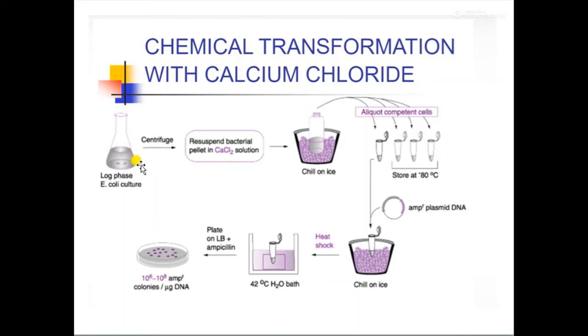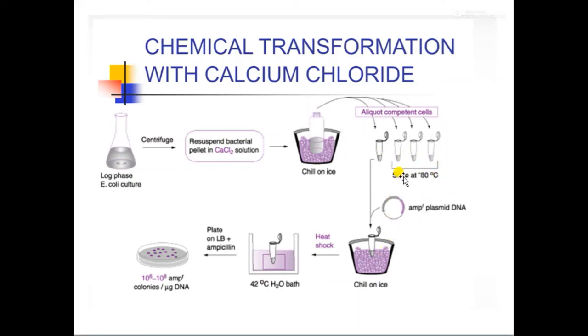To make the E. coli cells competent, you give them a treatment with chemicals such as calcium chloride. As a result, some pores are created on the E. coli cells. And you chill them on the ice and prepare different aliquots of the competent cells and store them at -80.